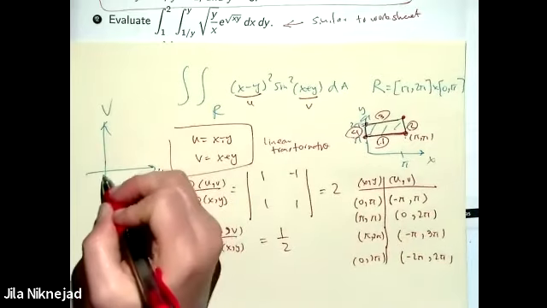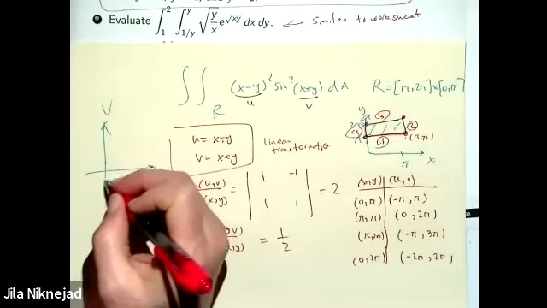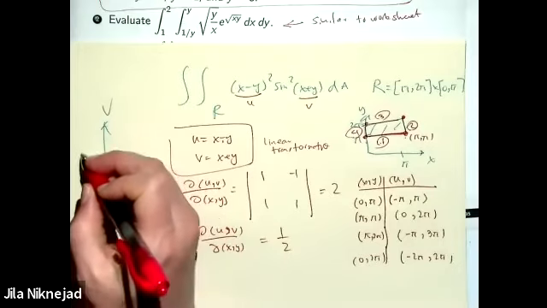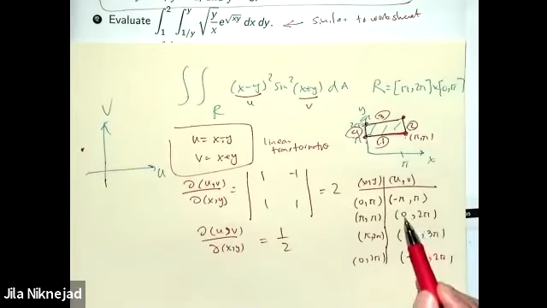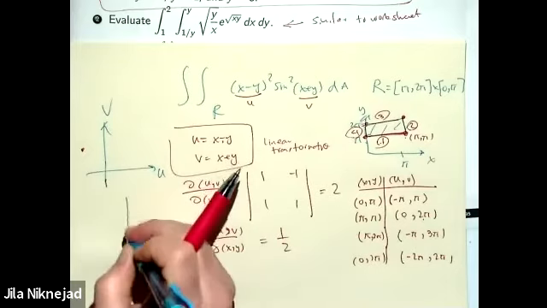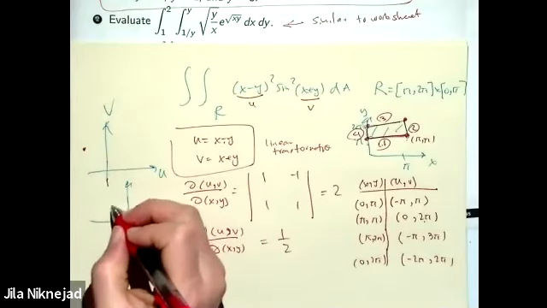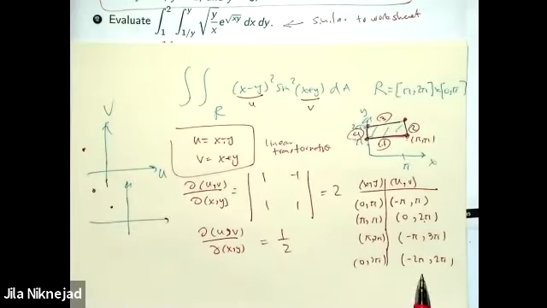Okay, so in here, the shape goes, negative pi and pi. And then negative 2 pi. Let me redraw my region. Negative pi and pi, and negative 2 pi and pi.